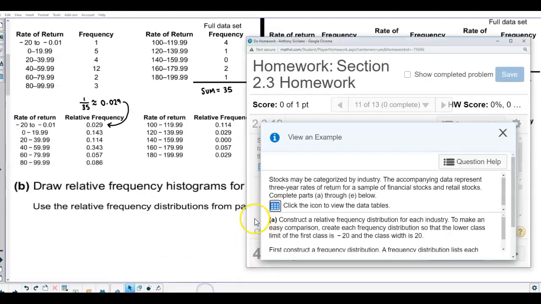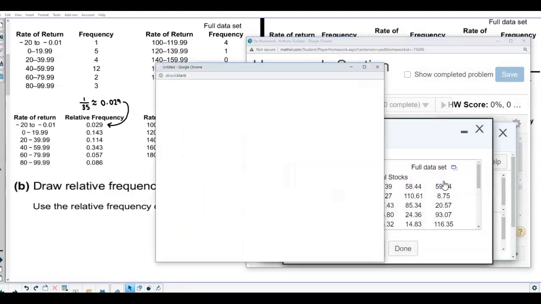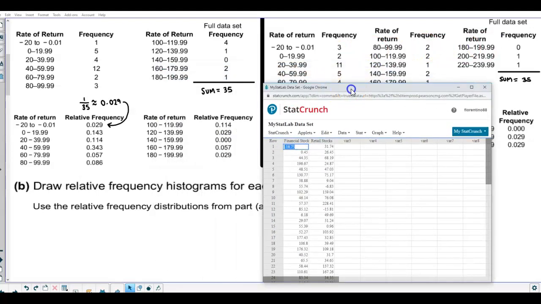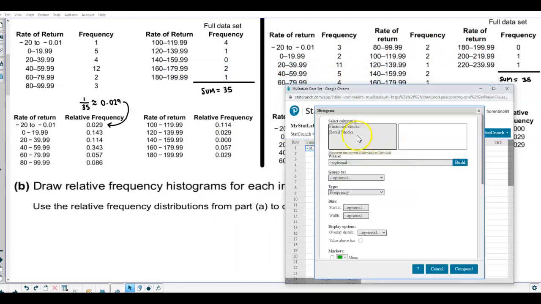In this case, we're going to use StatCrunch to do that. So we're going to open up our data into StatCrunch, and then go ahead and graph a histogram. We're going to start with the financial stocks.